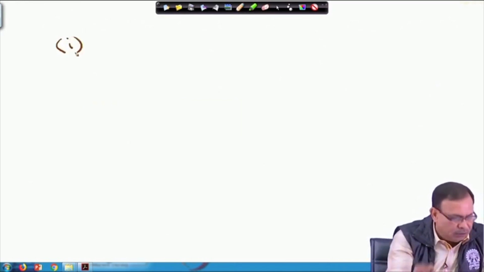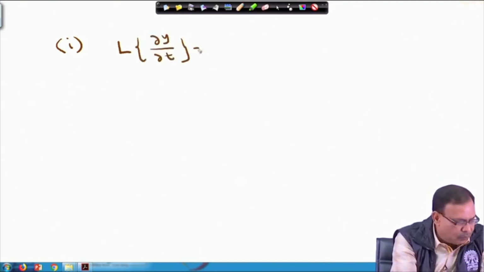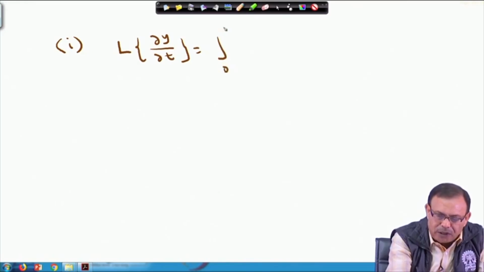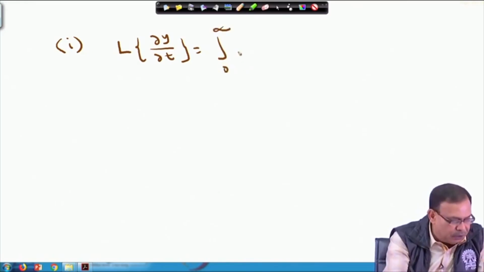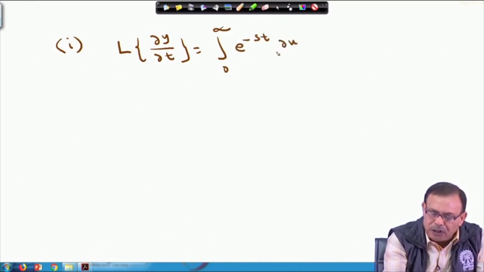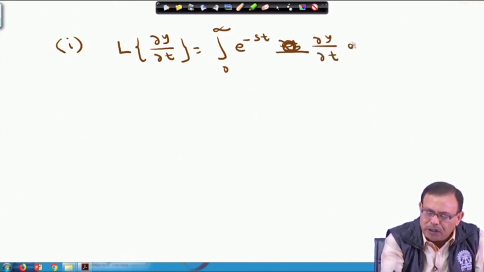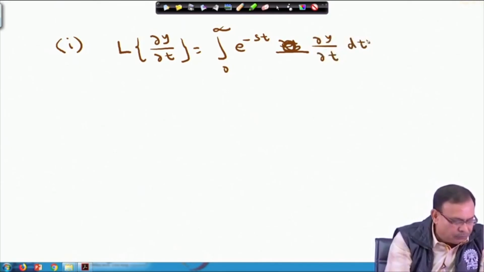Proof of the first one, that is Laplace transform of ∂y/∂t. From the definition you can write the integral from 0 to infinity of e^(-st) into ∂y/∂t dt.